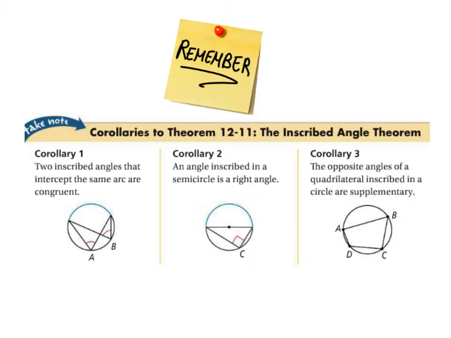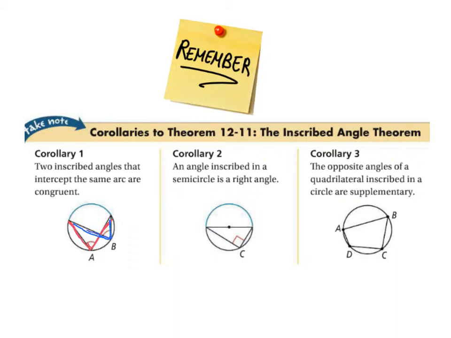If you have two inscribed angles, and this really looks more like a bow tie, but here's what it ultimately is. It's two separate inscribed angles. One of the angles is right here, and the other angle is right here.